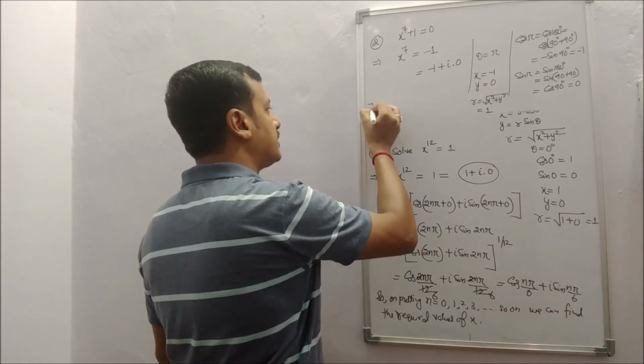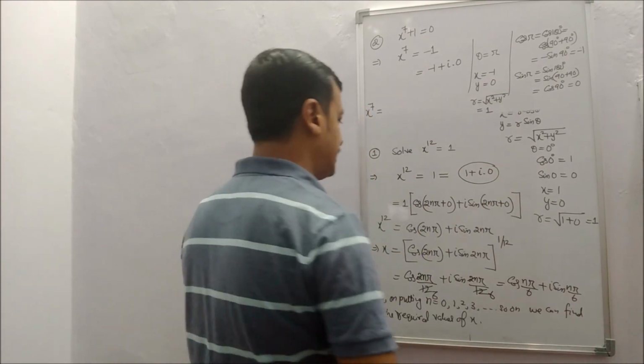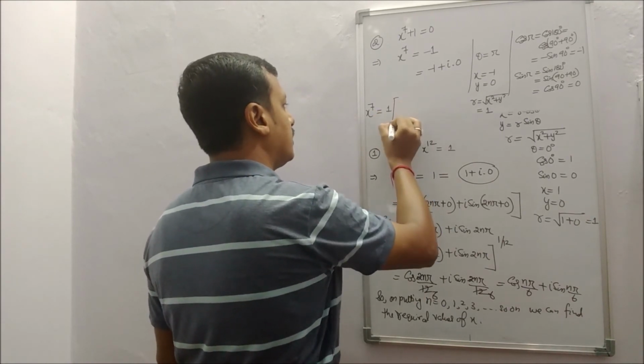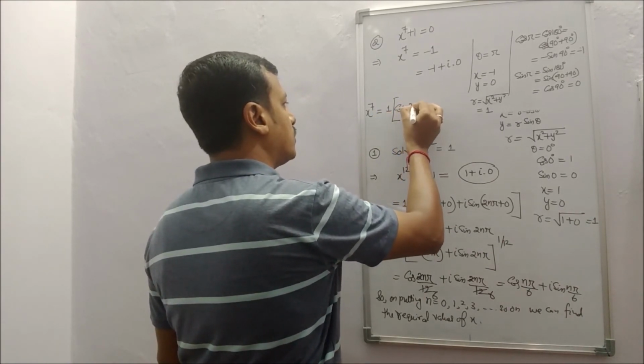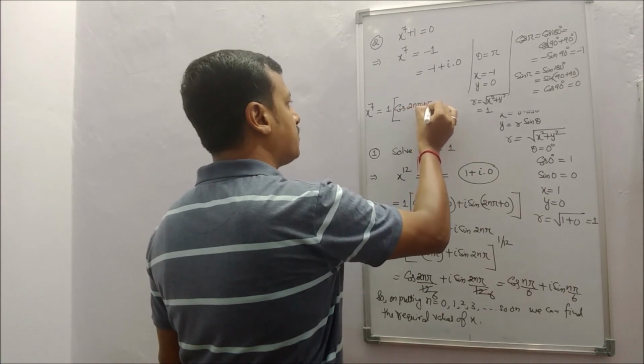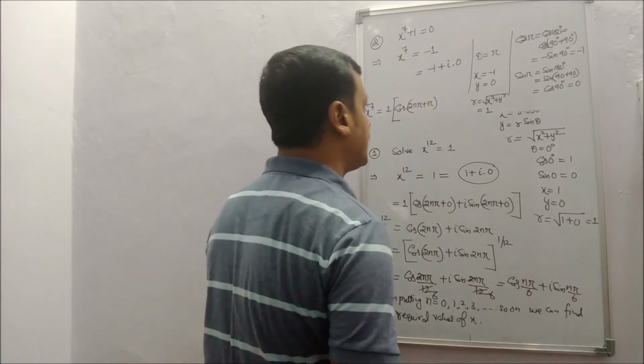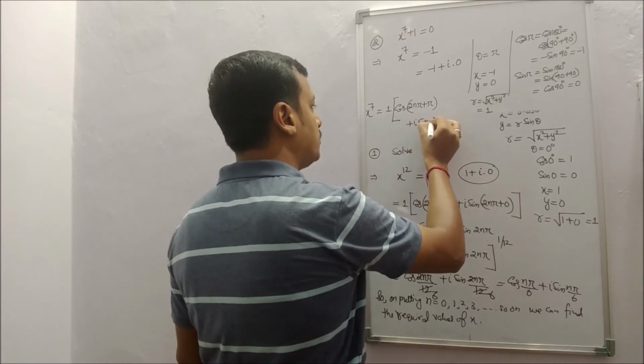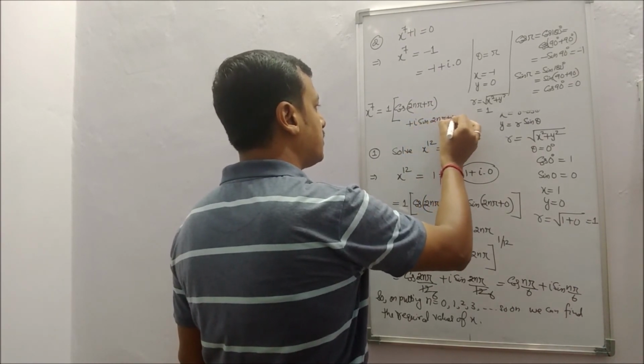So x to the power 7 is equal to, the general solution is r times, that is r is equal to 1, cos 2n pi plus pi, the value of theta here is pi, plus I sin 2n pi plus pi.